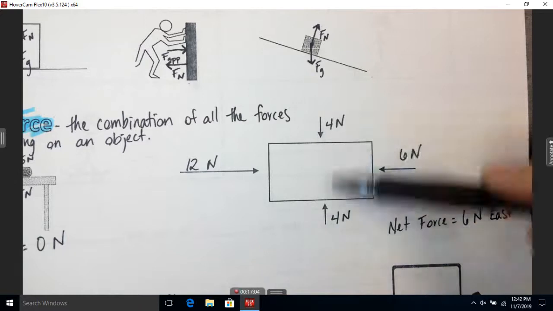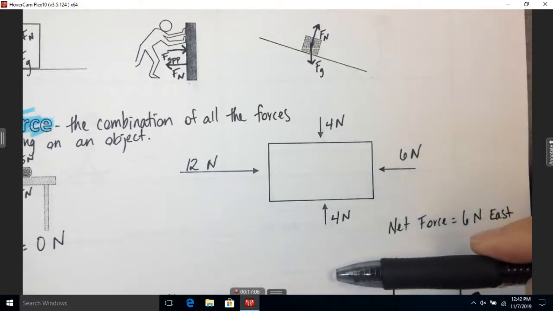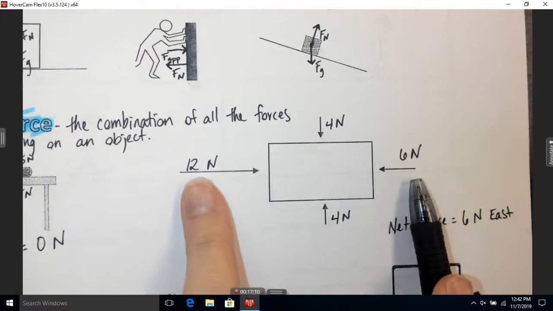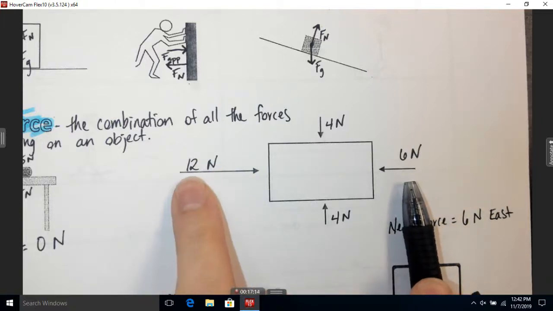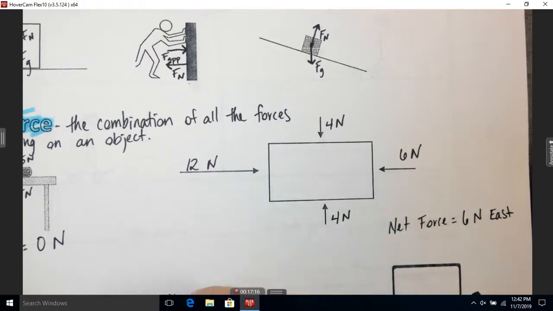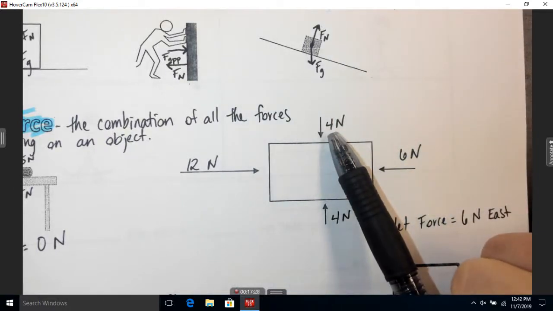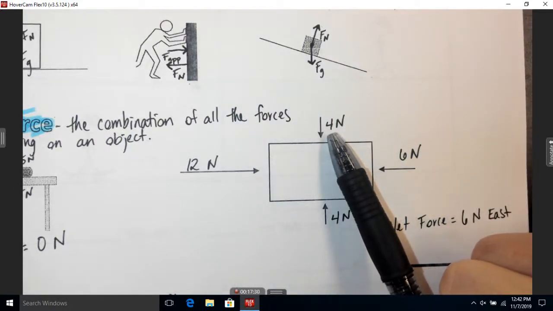So these two cancel. Right? And then we have these two. Who's going to win? 12 by how much? 6 newtons east. Does that make sense? Yes or no?